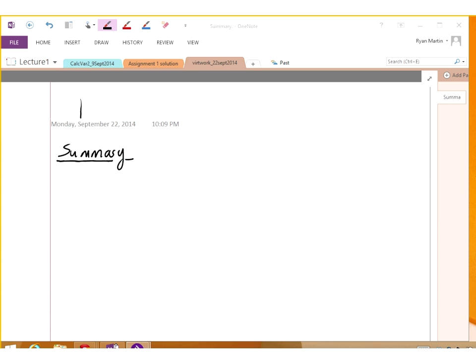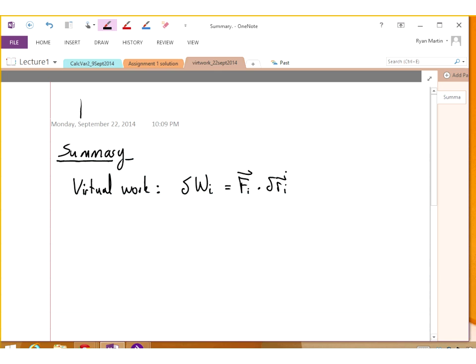Okay, so let's start with a summary of last time. Last time we introduced the concept of virtual work, which we called delta W. And for a force i, it's equal to the dot product of Fi with delta Ri, where delta Ri is some virtual displacement.